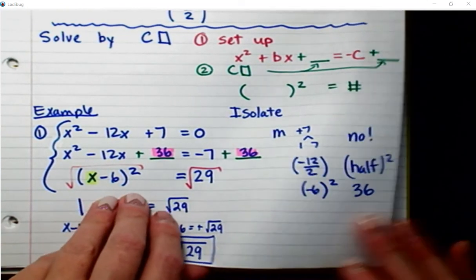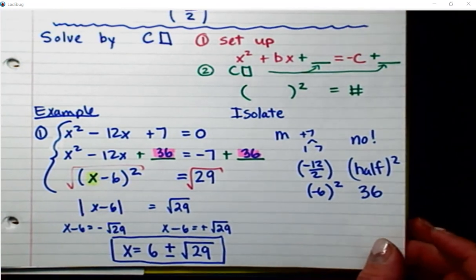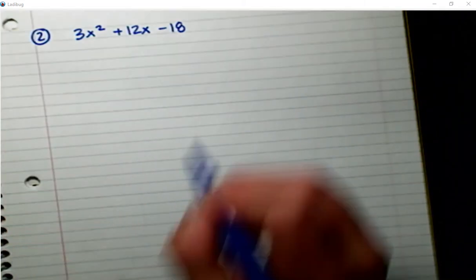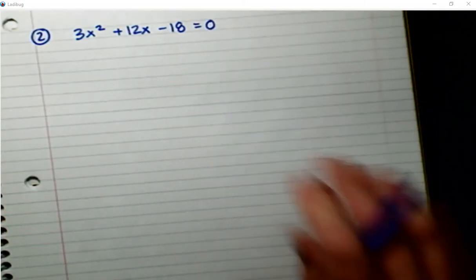All right, let's do it again. 3. Okay, so let's go with 3x squared plus 12x minus 18 equals 0.